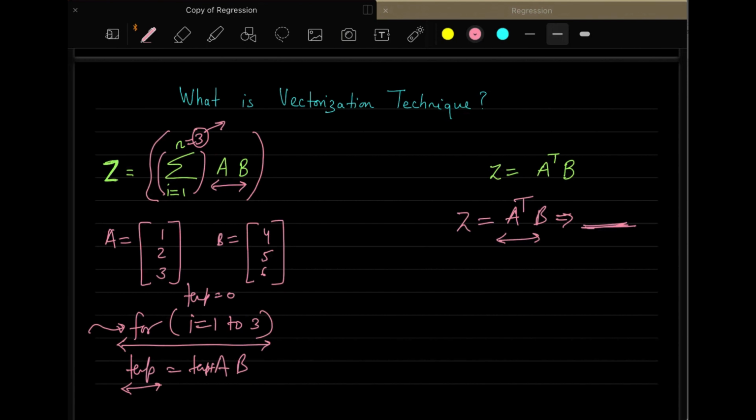So what is vectorization? Vectorization is how to avoid these summations in the program, using linear algebra, by using inner products of the vectors.